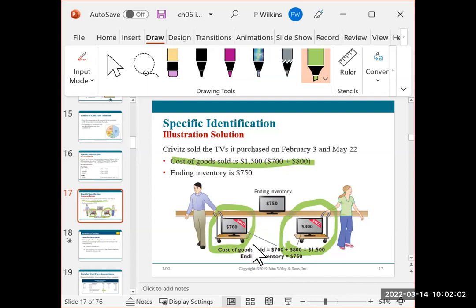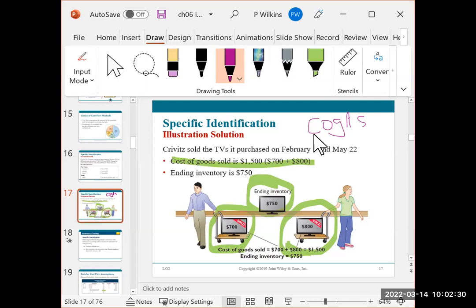Now, the other thing to look at here is that the ending inventory then is what is left, right? So if we wanted to know something called COGAS, cost of goods available for sale. The cost of goods available for sale is the cost of everything you have available to sell, okay?